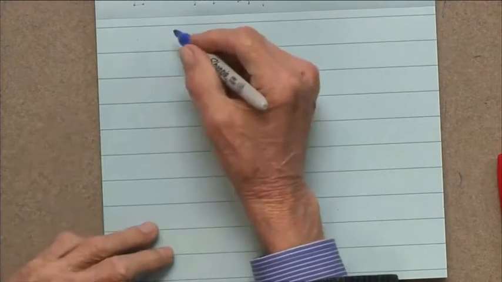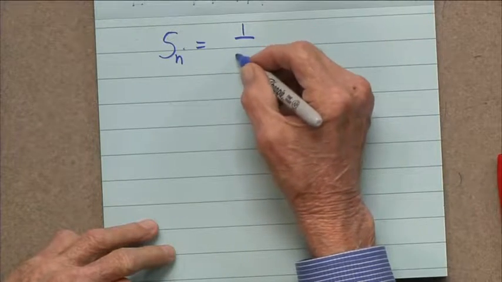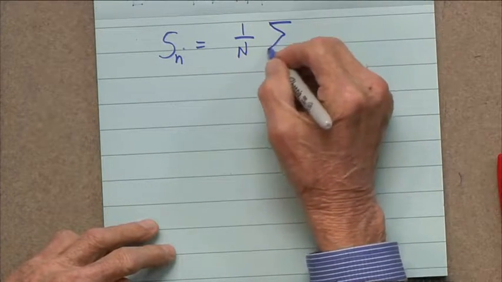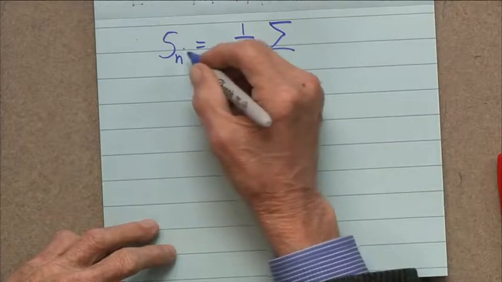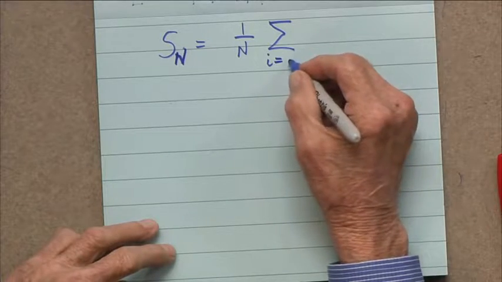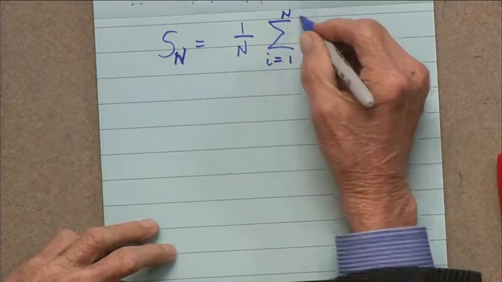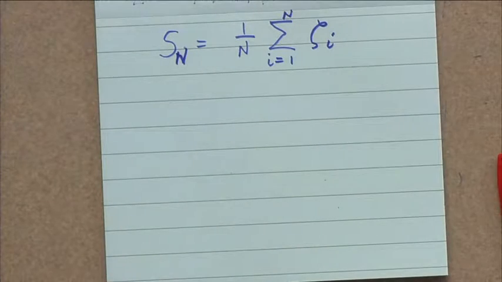We talked about S_N is 1 over N summation, i equals 1 to capital N of zeta i.